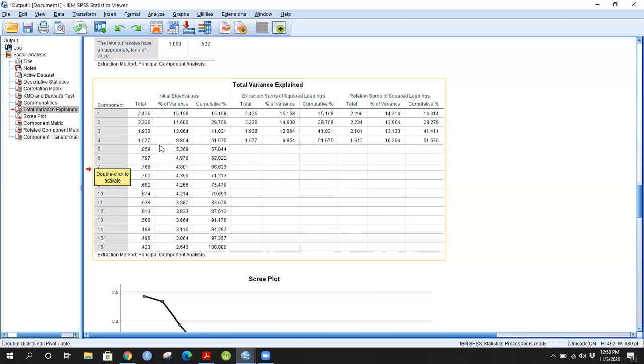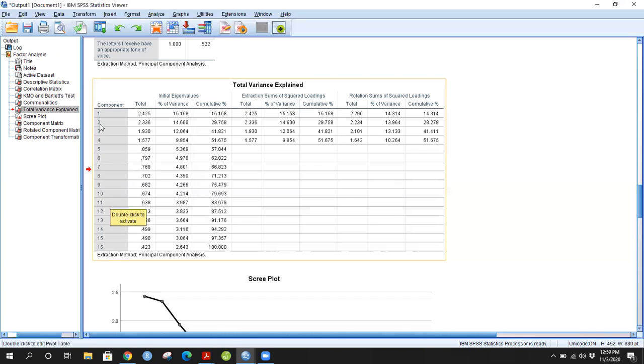Since factor analysis is conducted on the correlation matrix, the variables are standardized. So each variable has a variance of 1. Each of these 16 variables which you started with has a variance of 1.